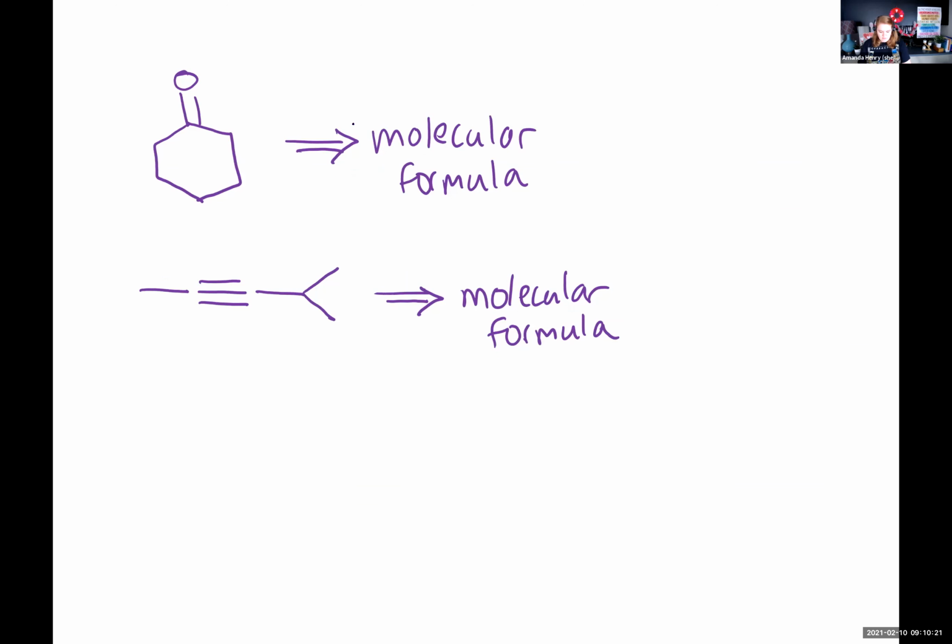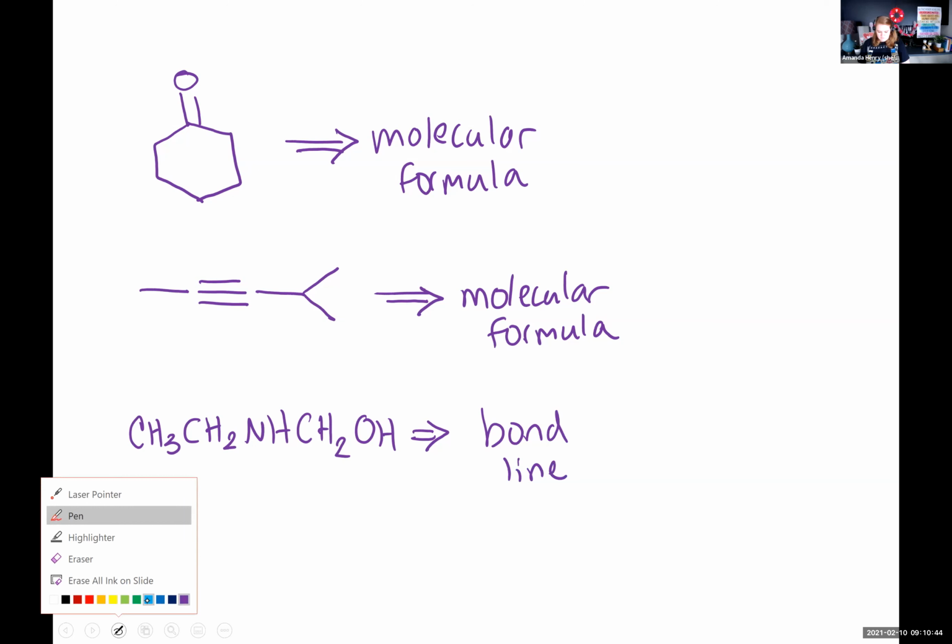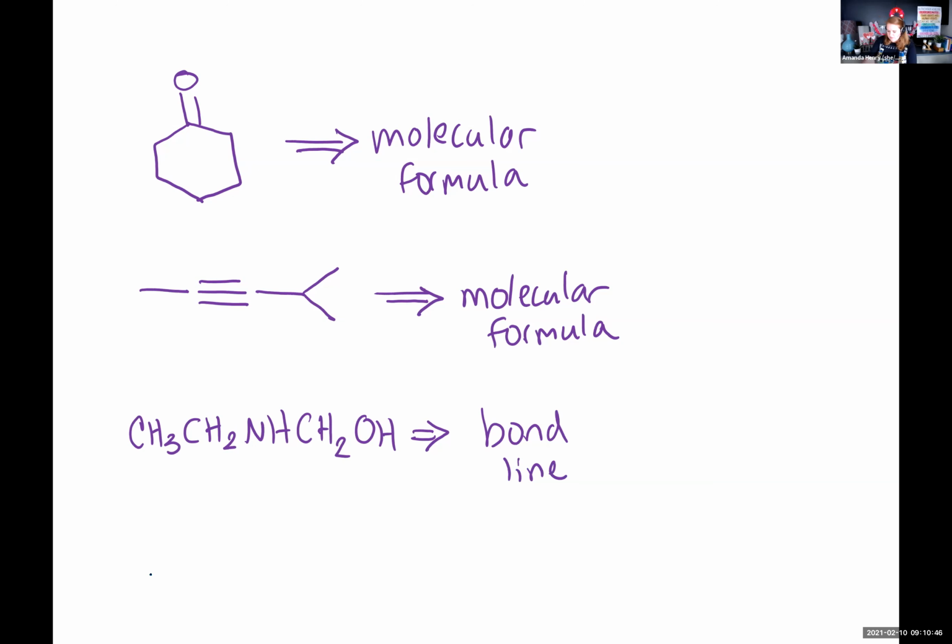And then one more, we're going to go from condensed to bond line. So that first structure, I know it has carbon, I know it has hydrogen, I know it has oxygen.